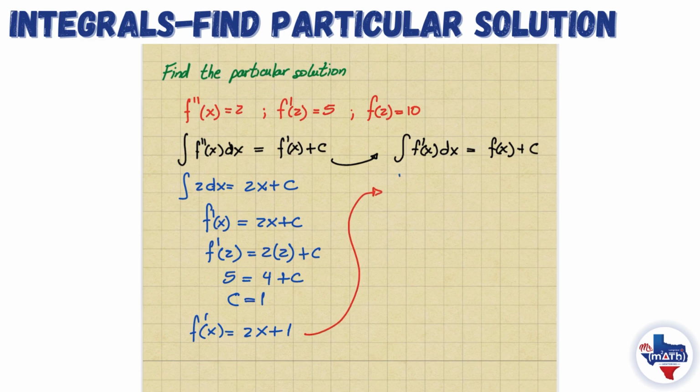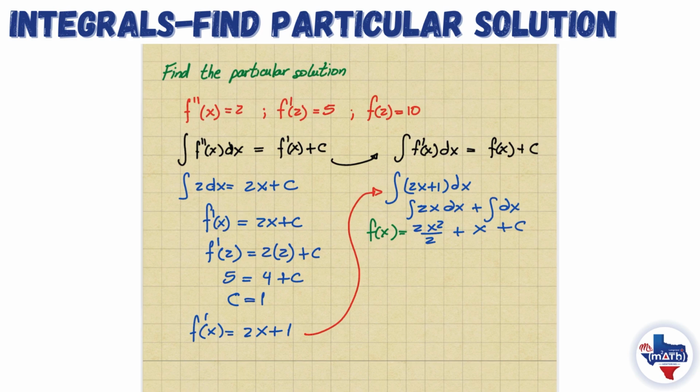On the second part, we have the integral of 2x plus 1, which is the first derivative, dx. Okay, and this should be equal to what? Let's separate the integral: integral of 2x dx plus integral of just dx. This is 2x squared over 2 plus x plus another constant c. Let's remember that this is now the primitive function.